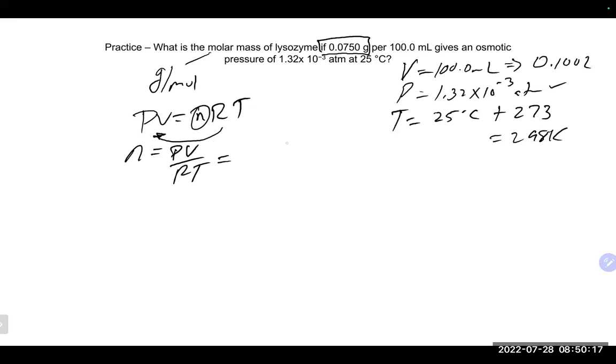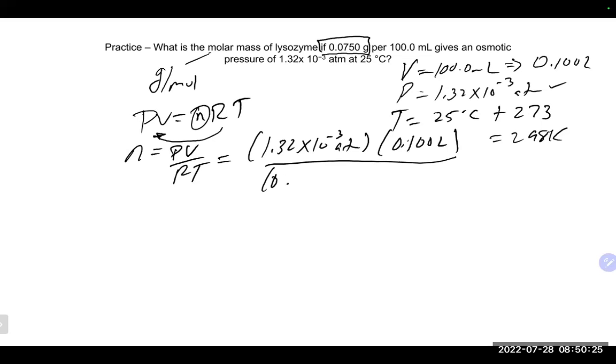And that gets us our 1.32 times 10 to minus 3 atmospheres, our 0.1 liters, divided by our R and our 298 Kelvin. Again, everything is going to cancel except for moles, which is good.